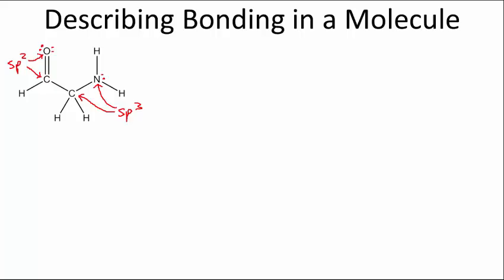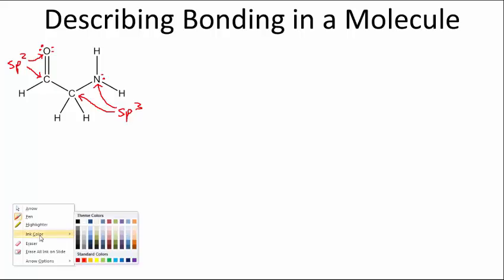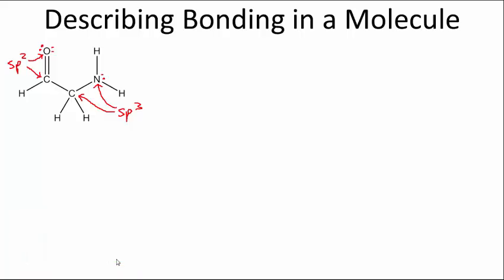Let's start with the double bond over here. When I look at the CO double bond, first of all, whenever you have a double bond, what kinds of bonds are there?